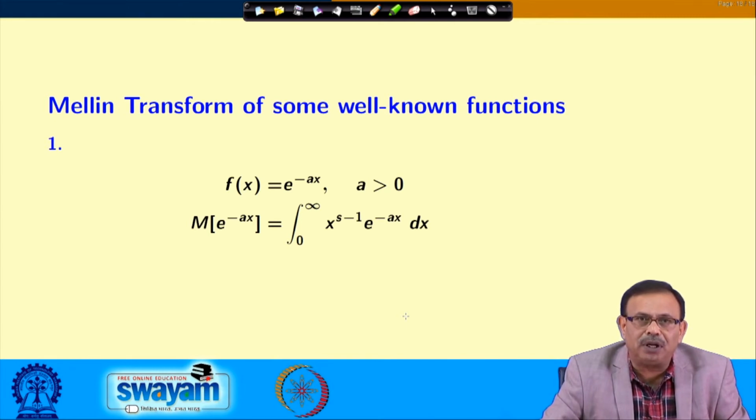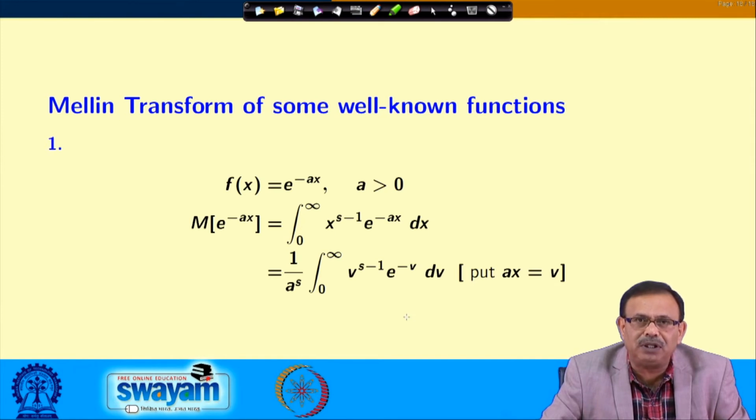So, I will obtain the integral from 0 to infinity of x to the power s minus 1 e to the power minus a x dx. Put a x equals v, then this integral will be transformed to 1 by a to the power s times the integral from 0 to infinity of v to the power s minus 1 into e to the power minus v dv.